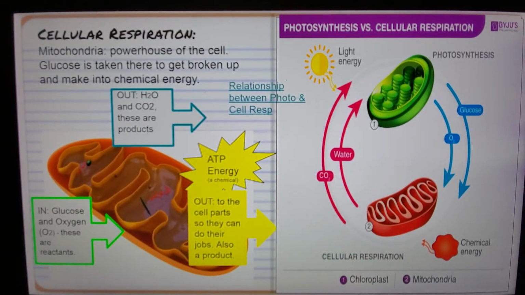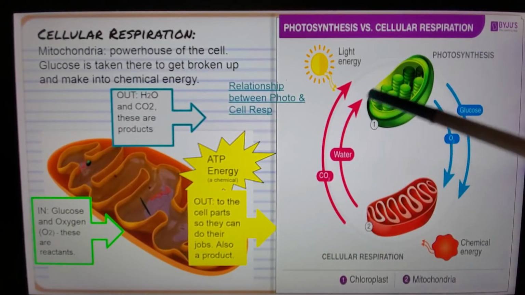It goes to feed the nucleus for it to do its job. It goes to feed the vacuoles so they can get full of water or empty the water. It goes to the many, many other organelles located within the cell.